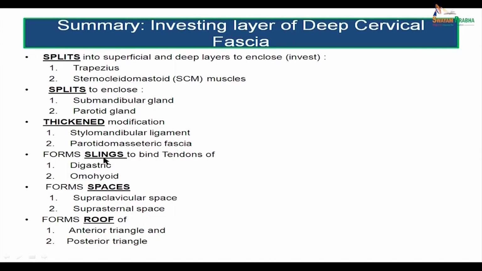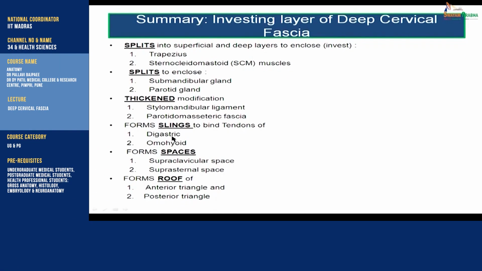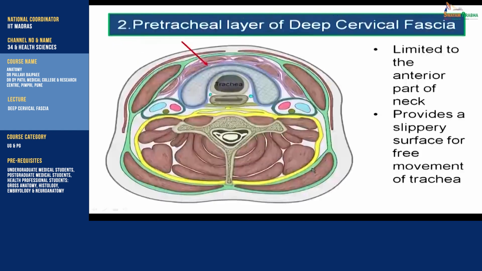It forms slings to bind the tendons of digastric and omohyoid. It forms spaces, supraclavicular and suprasternal. It forms the roof of two triangles, the anterior triangle and the posterior triangle of the neck.